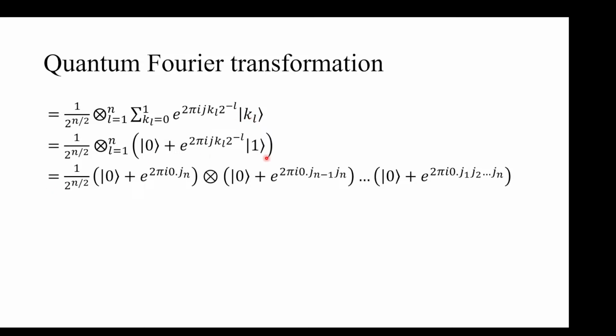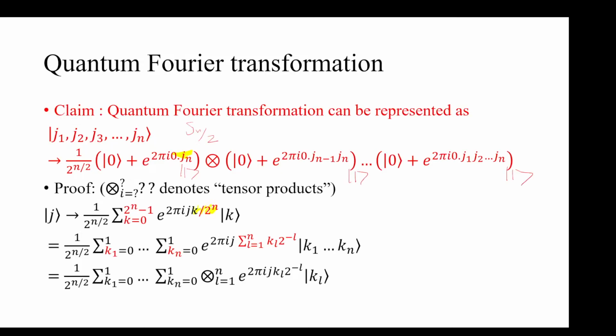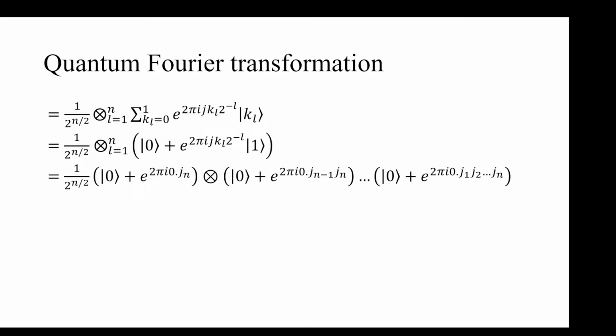And when kl equals 1, you have 1 here, and then you have e to the 2 pi j times 2 to the minus l here, and we should not have kl here. And then finally we got our result.